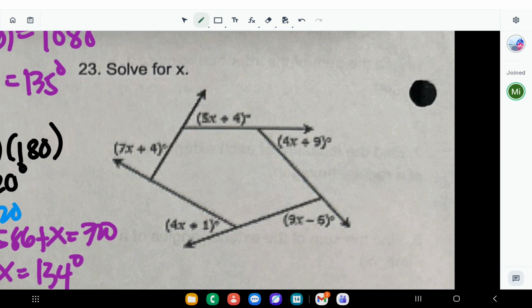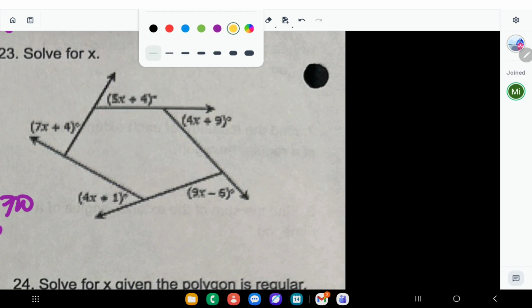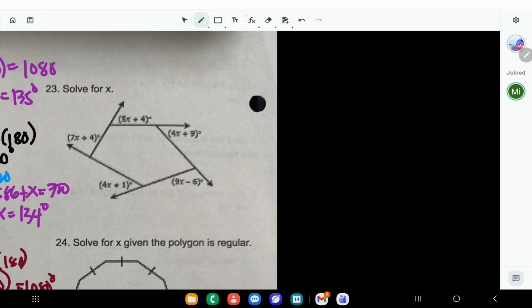No questions on the previous problems? Okay, solve for x. All of these are exterior angles. What is the sum of the measure of the exterior angles again? Exterior. Okay, so we add up everything and equate to 360 degrees.